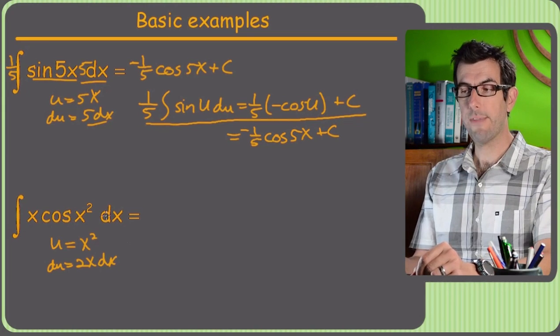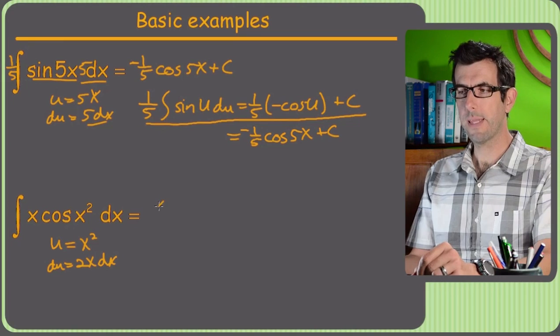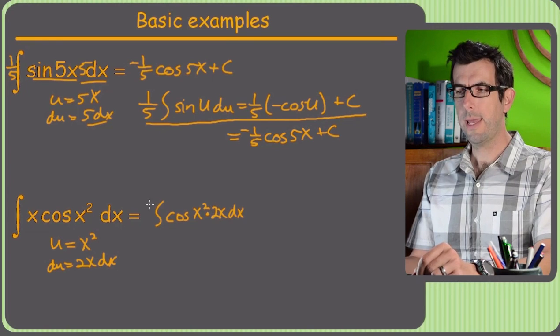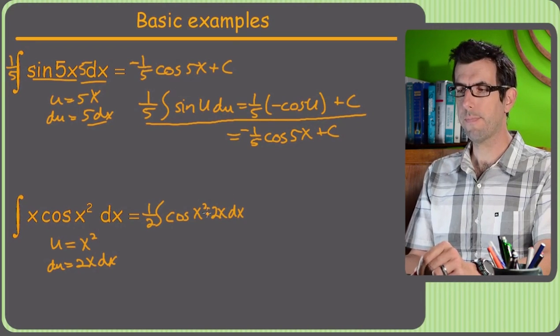All right, so do I have that? Not quite. I've got an x and I've got a dx, but let me rewrite this with that x more where it belongs. Cosine of x squared times x dx. And this is where you can see that I'm really close. I just need a 2 right here, and therefore I have to put a 1/2 out front.